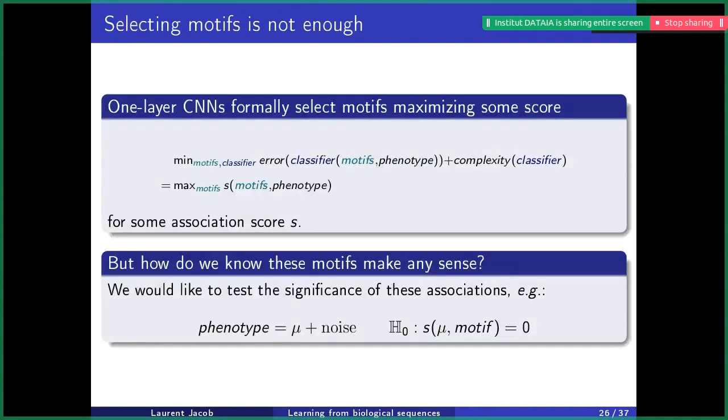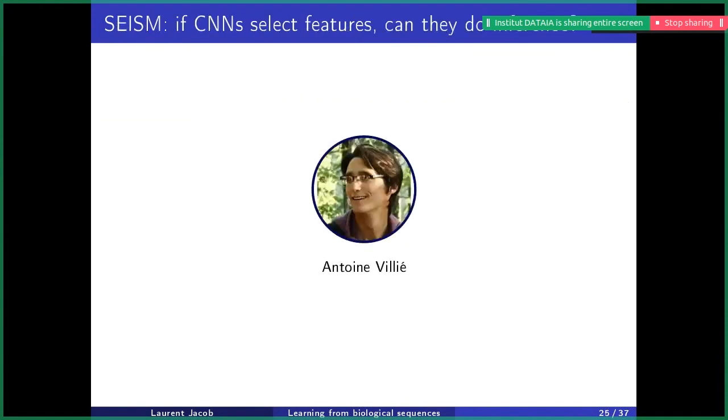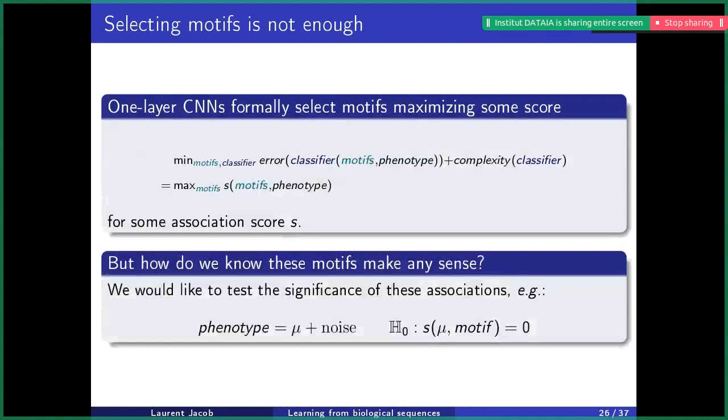That's what Antoine Villiers did during his PhD. So again, if you take a very simple one-layer convolutional network, it's formally selecting the motifs that are maximizing some score between the motif and the phenotype.